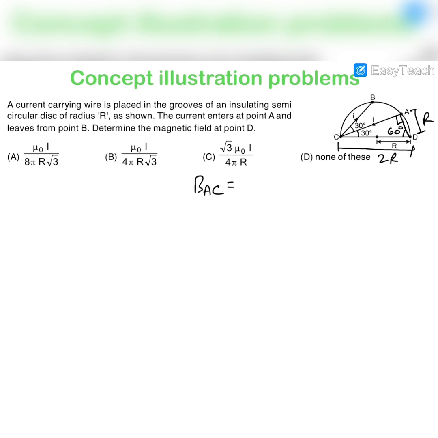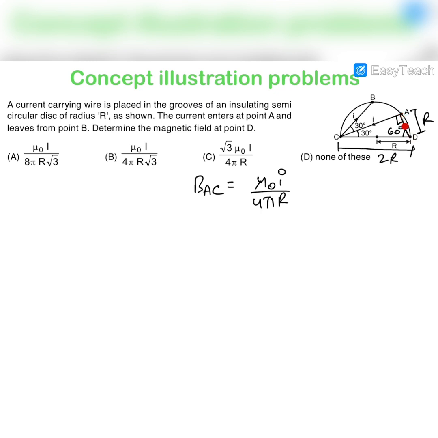So BAC will be equal to mu naught I by 4 pi r. Now r is this distance obviously, and one angle of this wire is 0 degree, because this perpendicular is itself that line which is connecting this point with A.